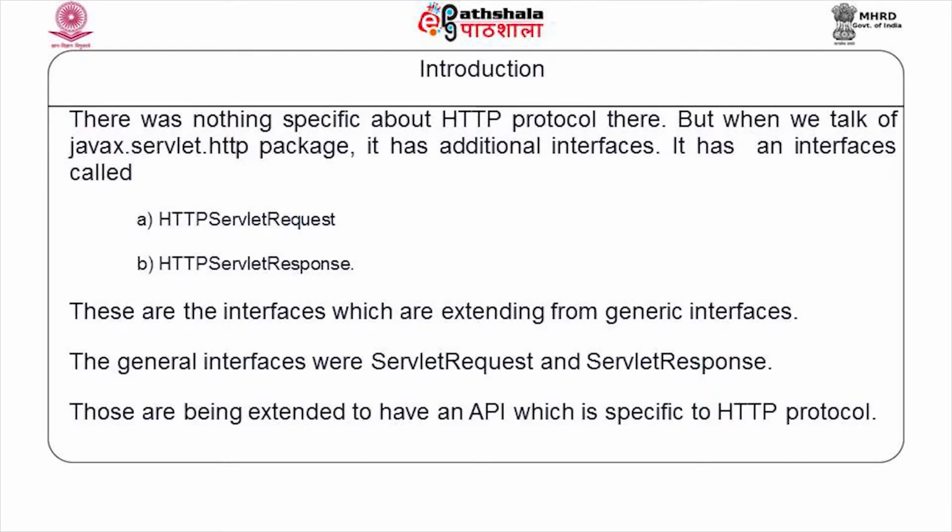But the javax.servlet.http package has additional interfaces: HTTPServletRequest and HTTPServletResponse. These interfaces extend the generic interfaces ServletRequest and ServletResponse, to provide an API which is specific to the HTTP protocol.